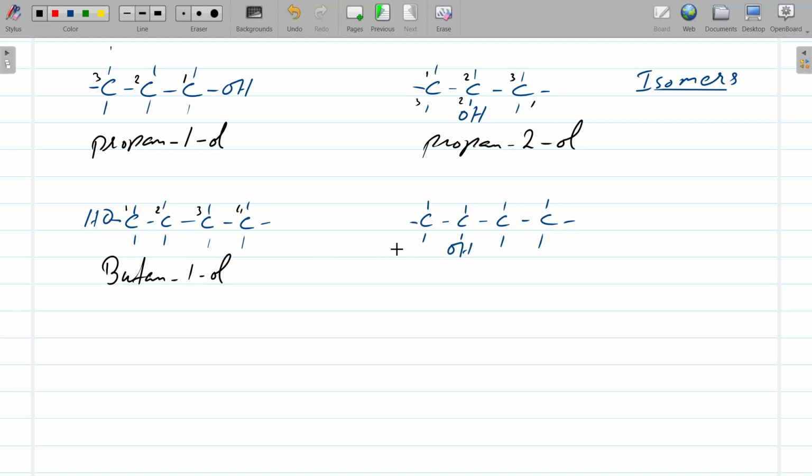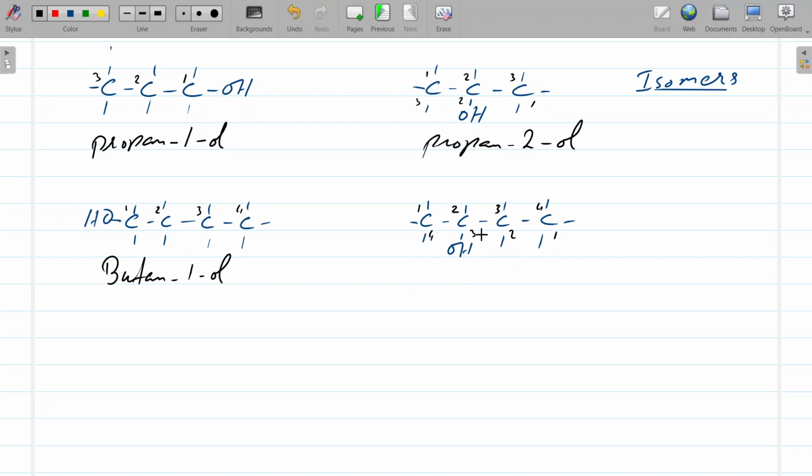How do you know that? Because it is the closest to the functional group. Right, so I number it just to be sure. I can eyeball it, I don't technically need the numbering, but just to be sure, I number it left to right, and I get carbon number 2 as the one that has the functional group. I number it right to left, and I get carbon number 3.